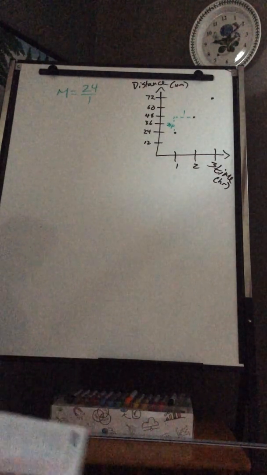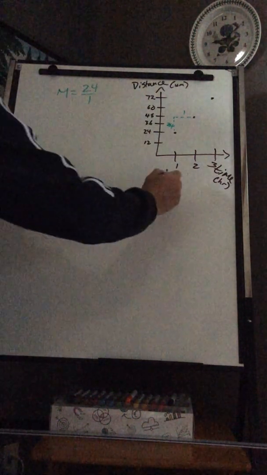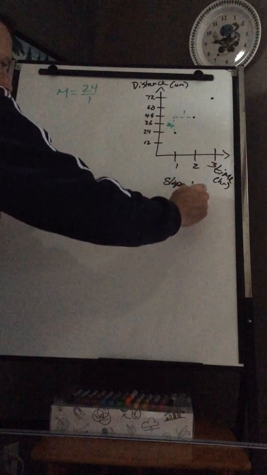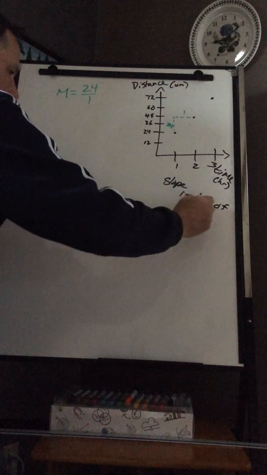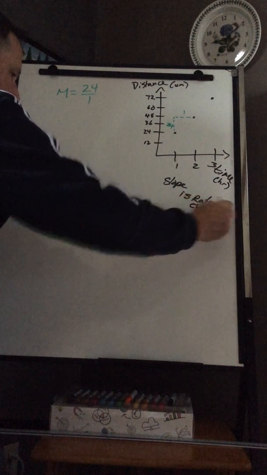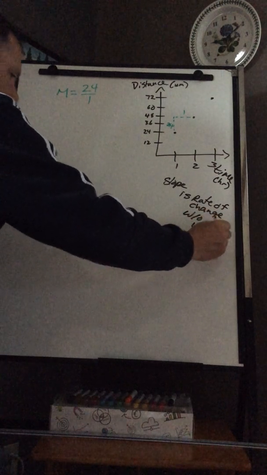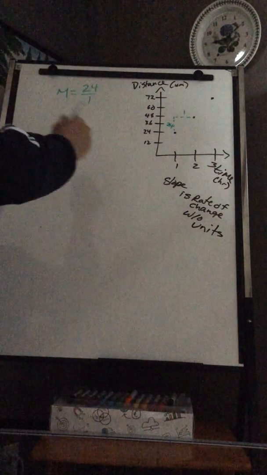For B, what does slope represent? Well, we got to remember that slope is rate of change without units. So in this case, we're dealing with kilometers per hour.